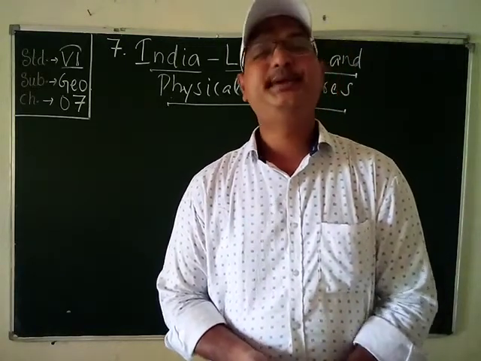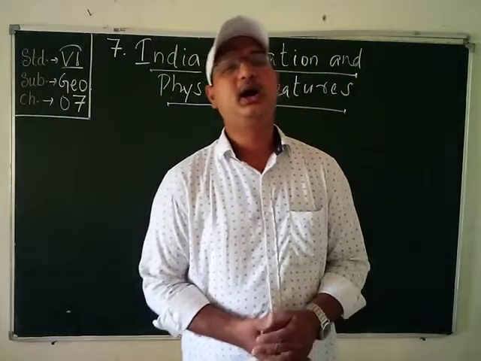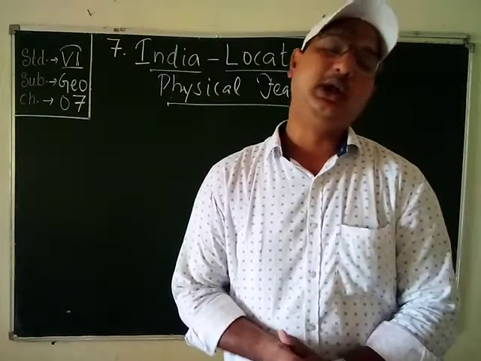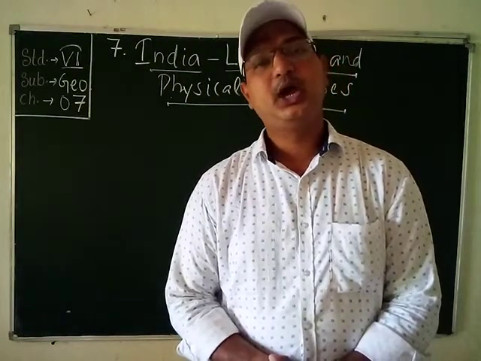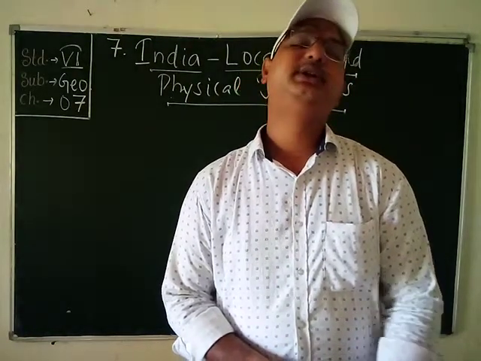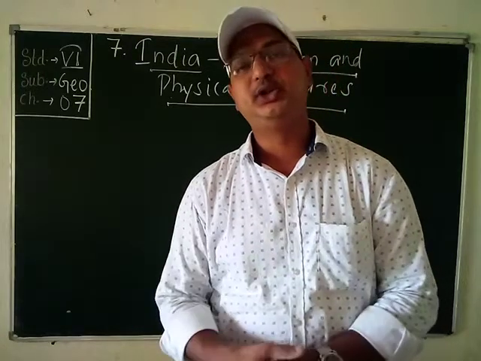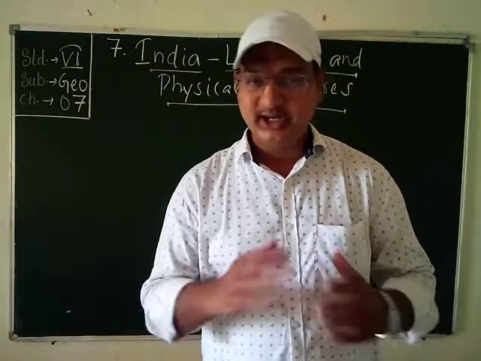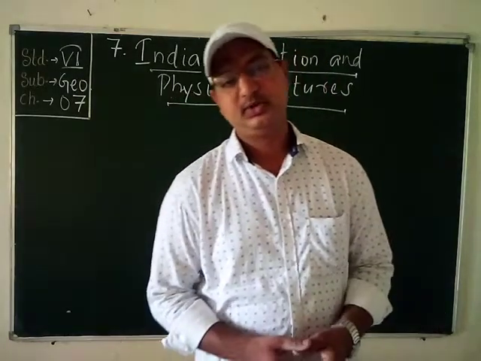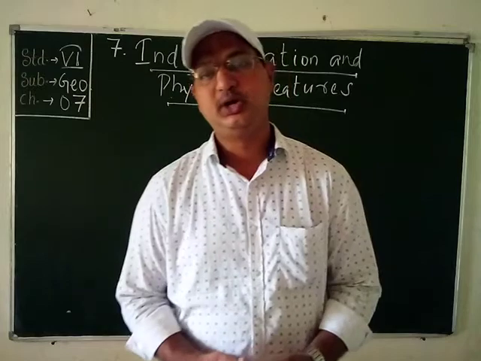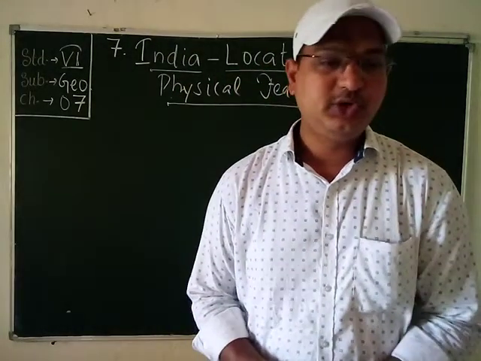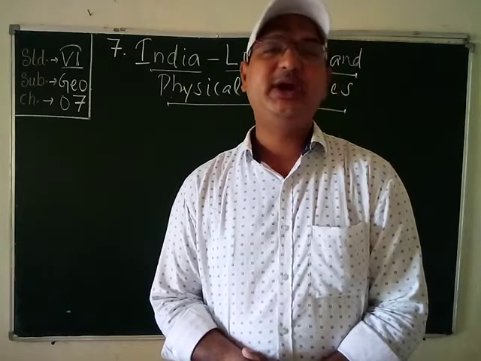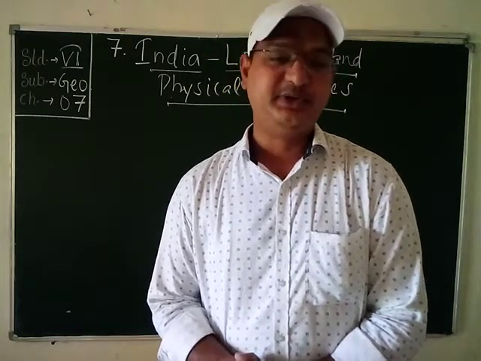And students, we know that according to area, our country, India, is the 7th largest country in the world. But when it comes to population, it is second, the second most populous country in the world after China. So students, India's total landmass is about 3.28 million square kilometers.